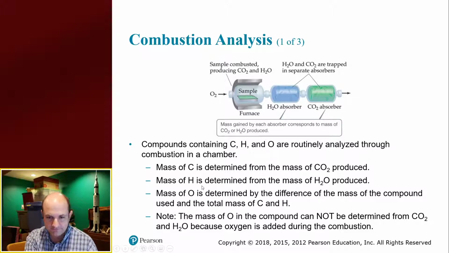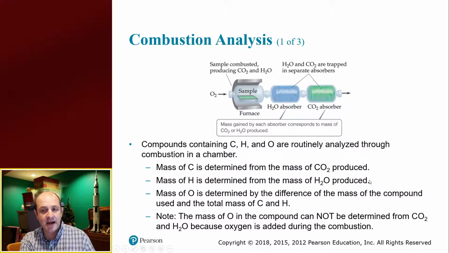Now, the oxygen, if there's oxygen in our unknown, is a little bit trickier because we're adding oxygen in the reactants, right? It was the hydrocarbon plus O2. So if we want to know oxygen, we can't just say, oh, what is it? What we have to say is, how much of this compound did we start with? And then what are the masses of the carbon and hydrogen that we've already figured out?